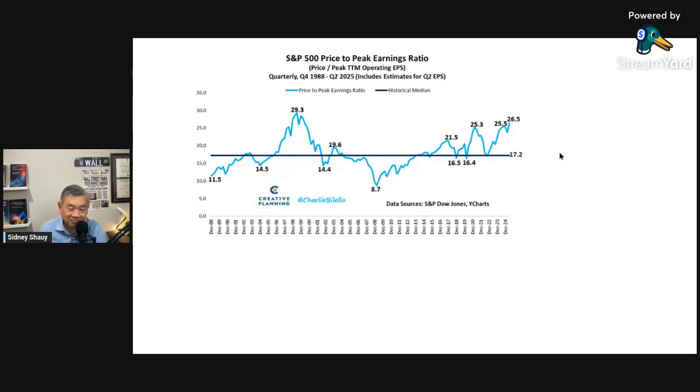Another indication that the market might be, I don't like that, overpriced, right? Because the concept of something being overpriced or underpriced is very relative to what? Relative to the past or relative to the future. You don't know the future, right? It's very difficult to judge.